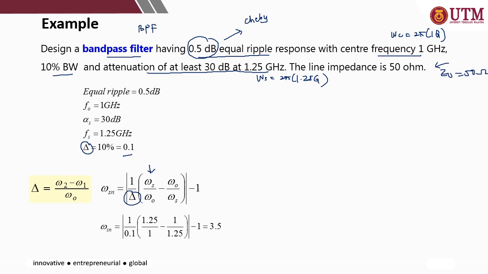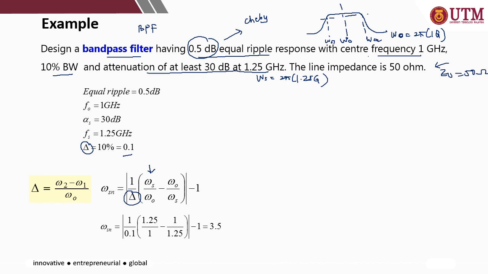It is not the cutoff frequency. The cutoff is at minus 3 dB. For a band pass filter, you have two cutoff frequencies, omega C1 and omega C2.